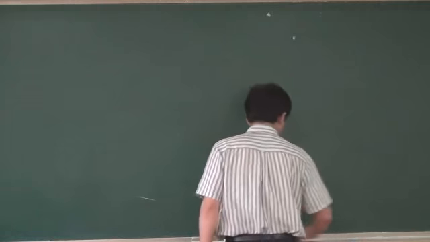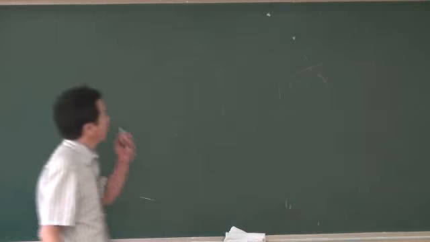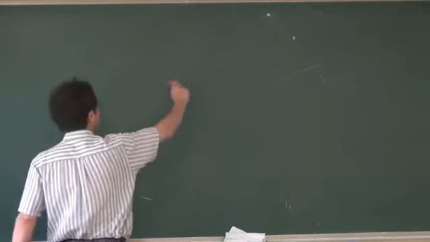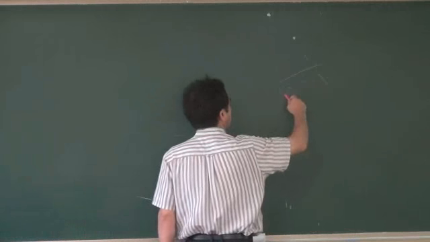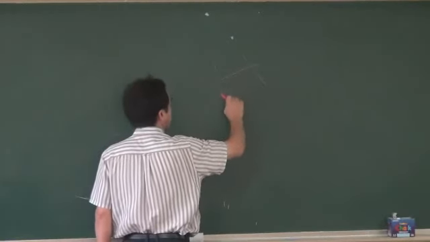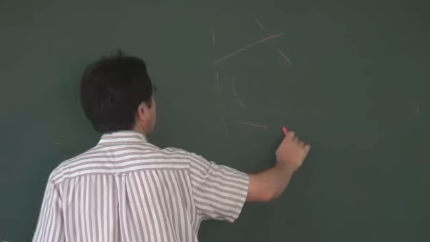Okay, so if there is a non-alternating arc, then you go along the arcs in this region. There are more crossings.